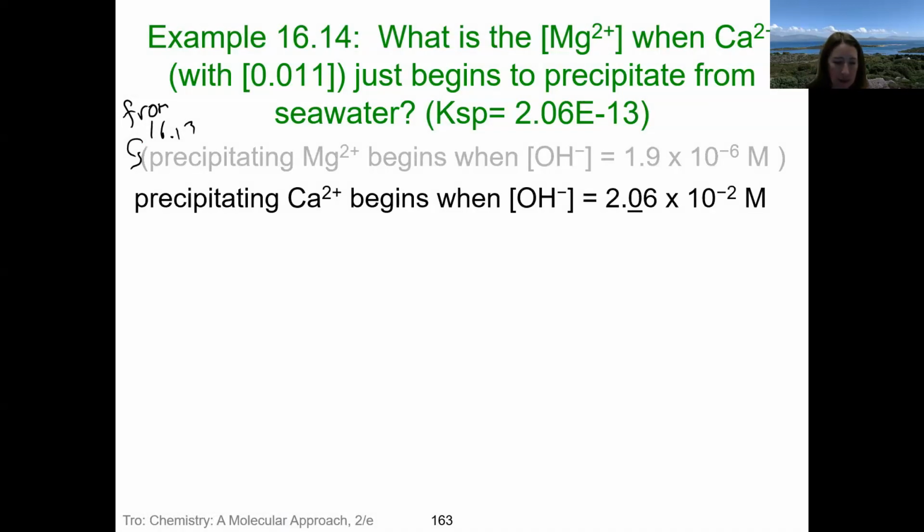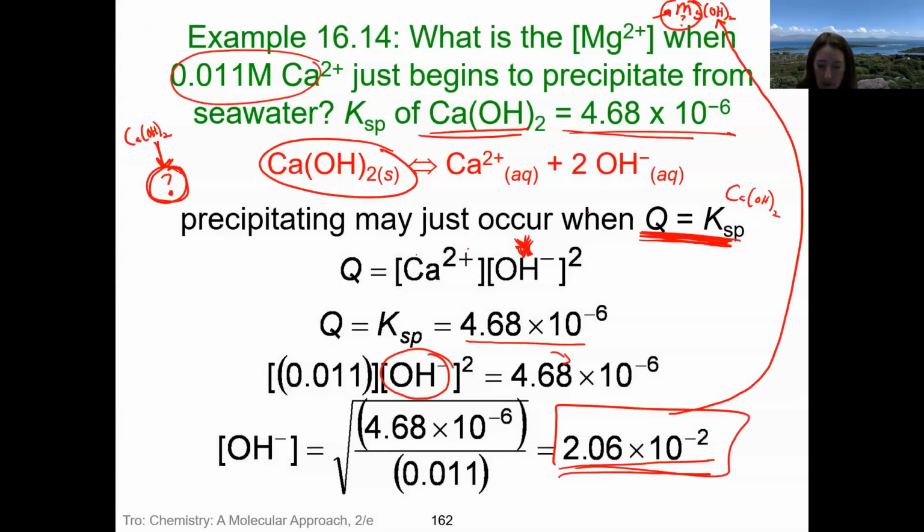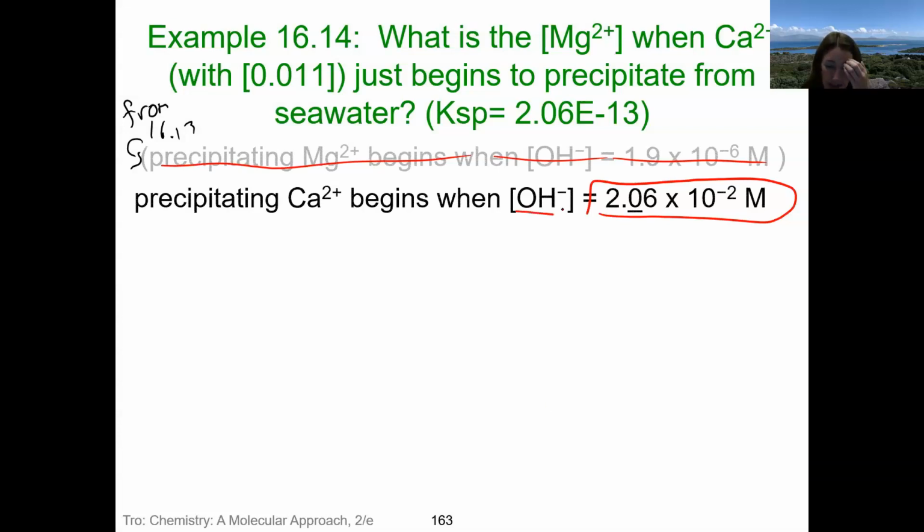So we don't really need this. I was just showing you it before. Okay, so this is it. This was our calcium hydroxide. This again, same problem. I'm just taking our number here, right? Taking our OH. That's our OH, right? So now, again, magnesium comes from magnesium hydroxide, and we're going to plug this in here, solve for magnesium.